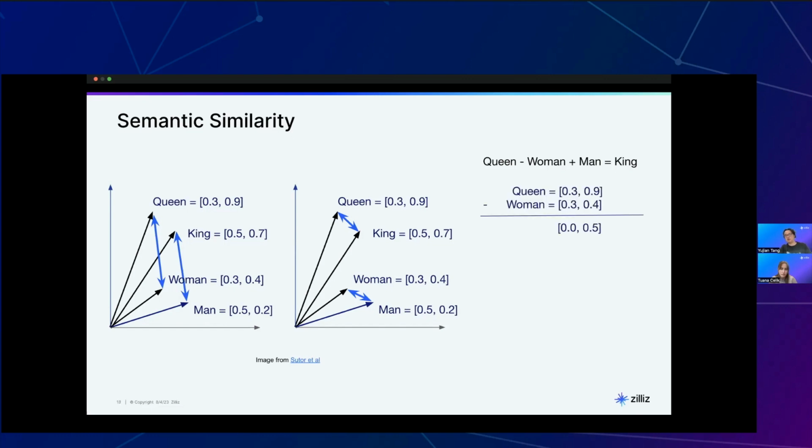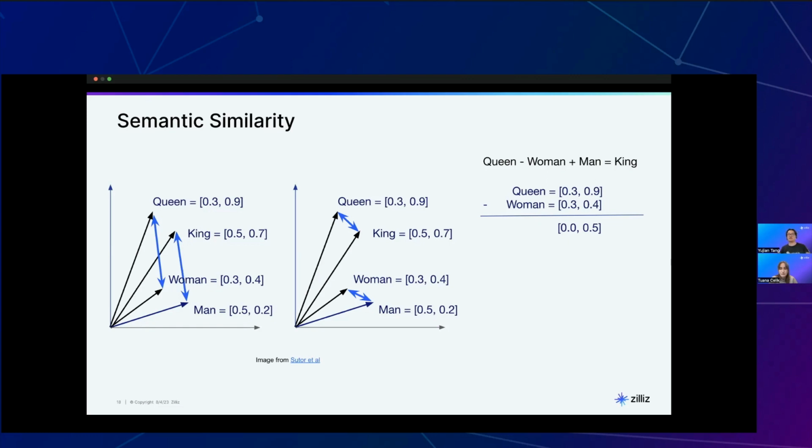Okay, so what happens here? We'll take the word queen and subtract the word woman. So we have 0.3, 0.9 minus 0.3, 0.4, and that gives us 0, 0.5. While this doesn't necessarily represent anything on our graph, we can guess that this probably represents something like the concept of royalty, because what is the difference between a queen and a regular person?